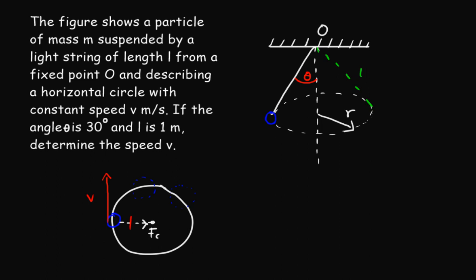It will cause the particle to speed up in this direction. If you take a close look at this in real life, when you have a ball attached to a string and you are moving it in a circular path, and the string gets cut, the ball will move in a path which is tangential to the circular path.